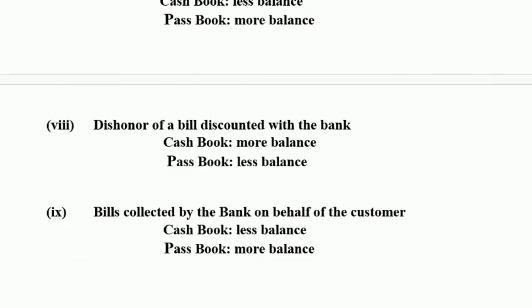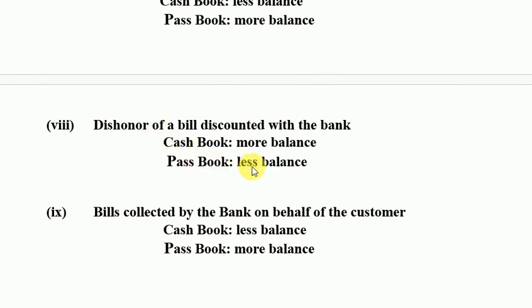Now let's move with the next cause, which says dishonor of bill discounted with the bank. Whenever bills are discounted with the bank, the amount is directly deposited in the bank account of the businessman, which increases the balance of passbook. But due to the dishonor of such bills, there will be a reverse entry and the passbook balance will decrease, less balance.